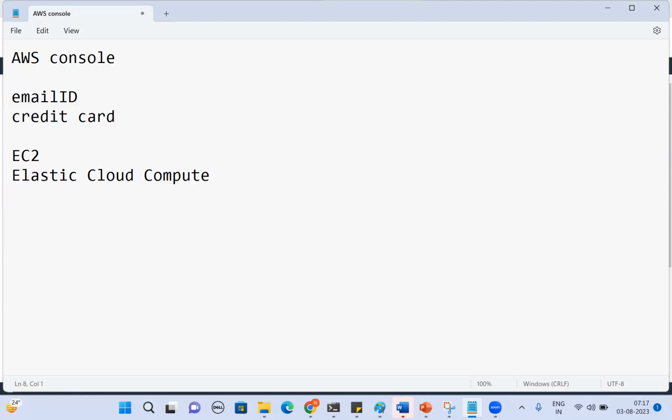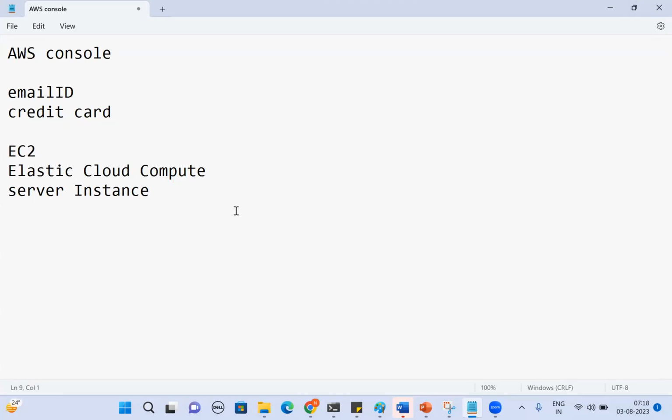Coming to the infrastructure level in a cloud, we call this kind of thing an instance. They don't call it a server here. Instance is nothing but a server with a certain configuration as per the requirement, and based on that, applications are installed on this instance and used. This is what Elastic Compute Cloud is.